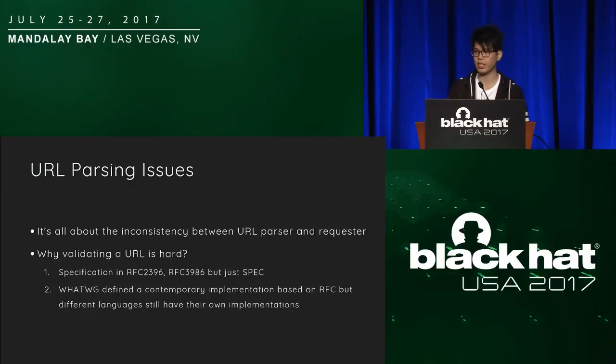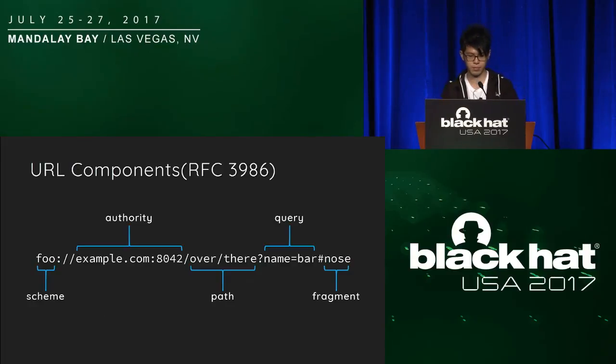WHATWG is a community trying to define a modern implementation based on the RFC. But in fact, programming languages still prefer their own implementation. So there are lots of mistakes in URL parsers. How does the RFC define a URL?